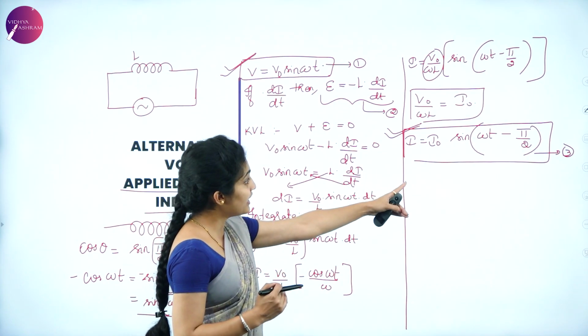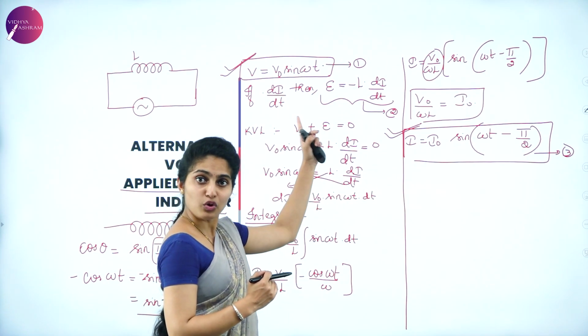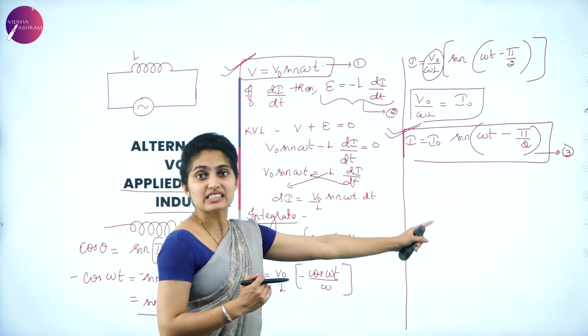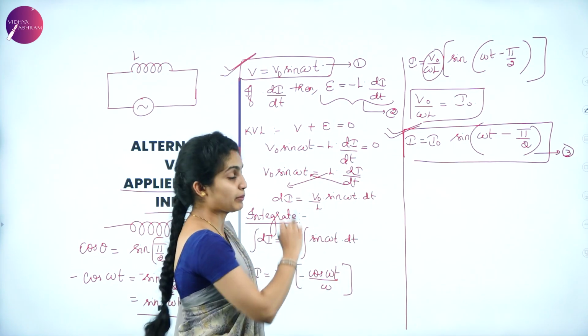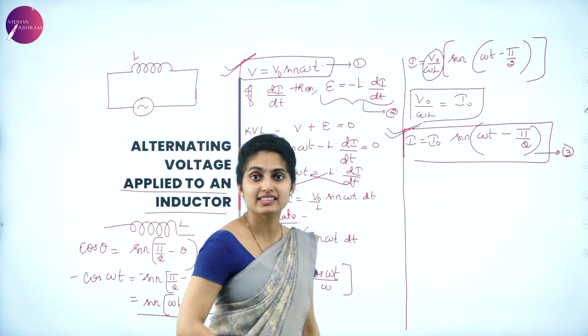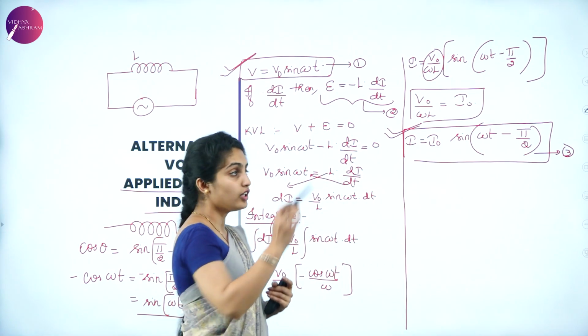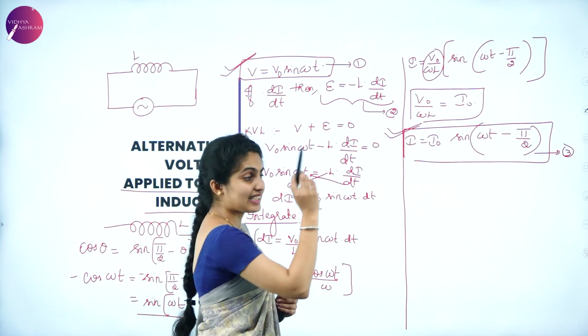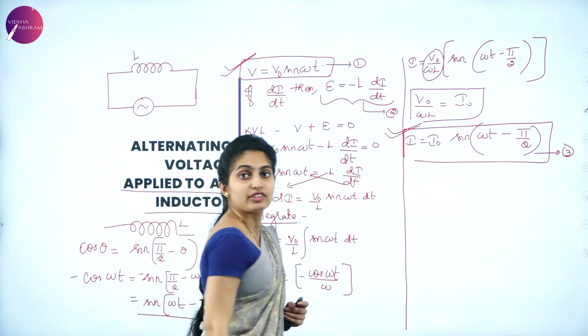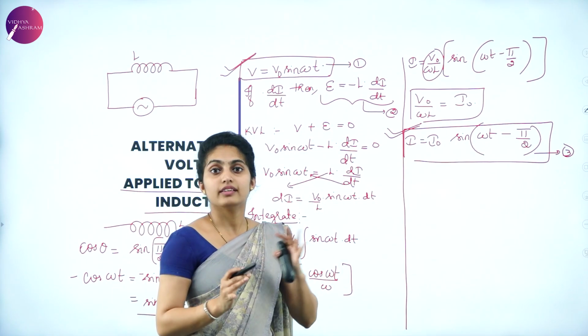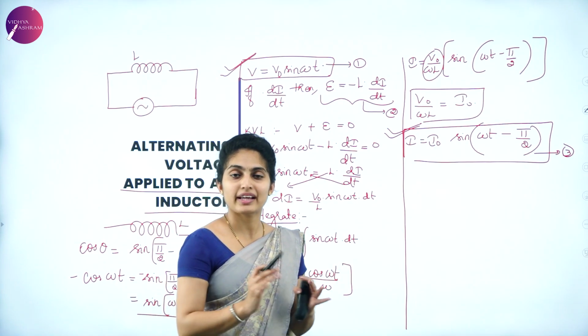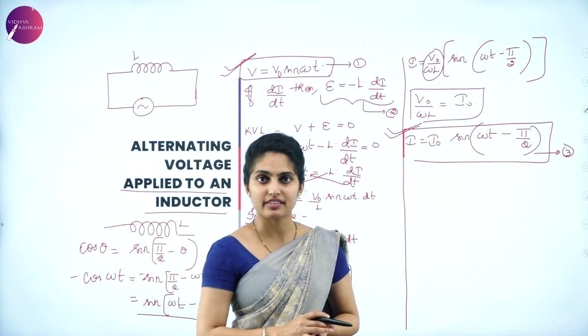The current lags behind by pi by 2, or 90 degrees with respect to the voltage, or the voltage leads by 90 degrees with respect to the current. The leading term is the voltage and the lagging term is the current in this case.